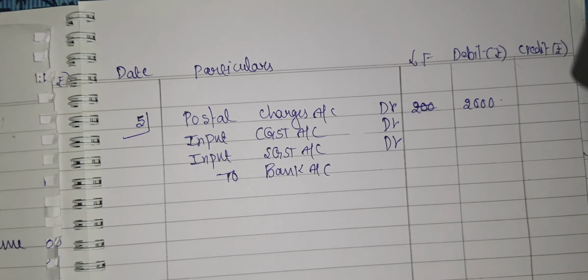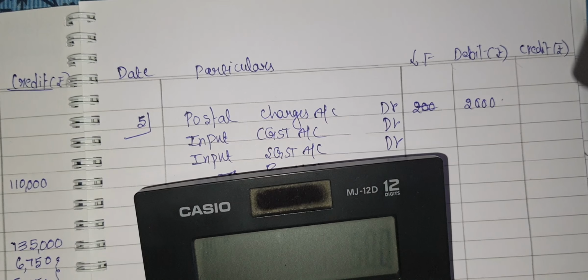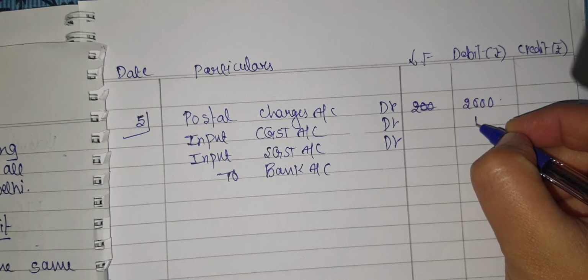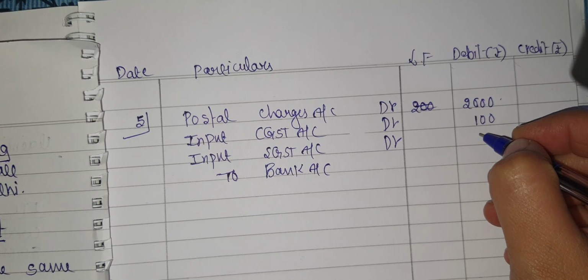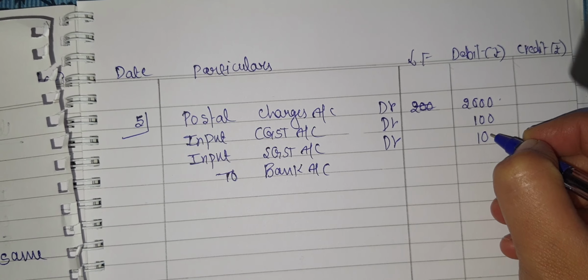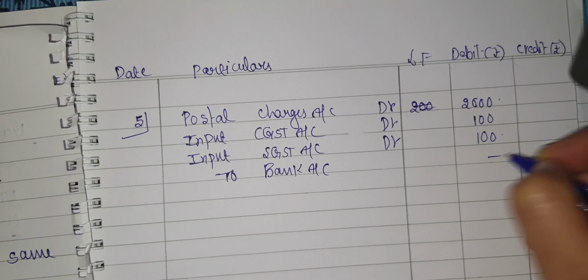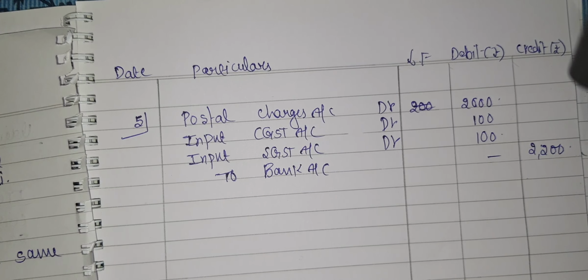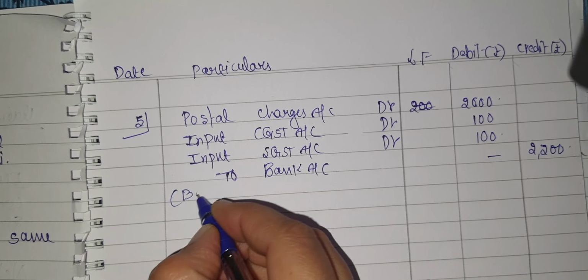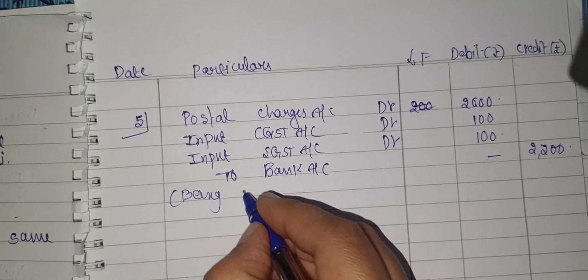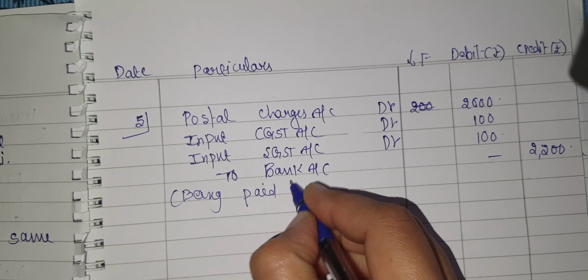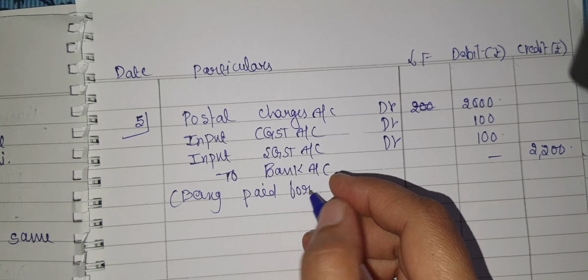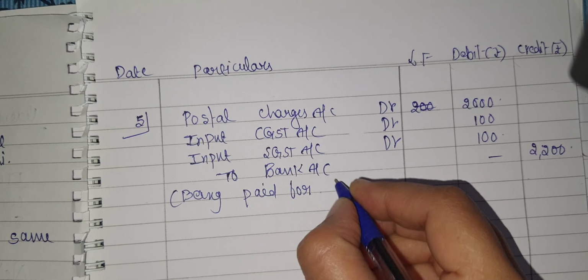And 2,000 into 5% means 100. Input SGST also 100. The credit balance is rupees 2,200. Being paid for postage.